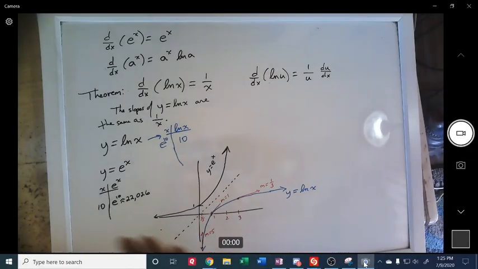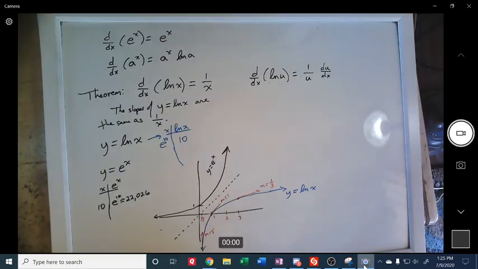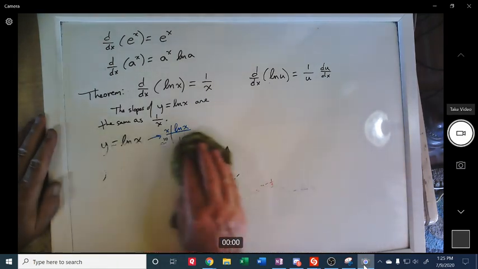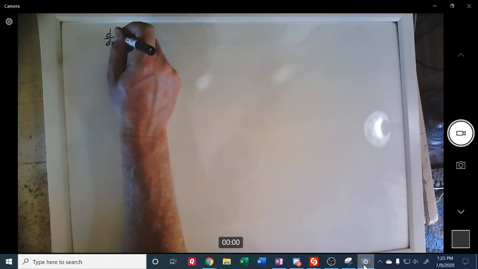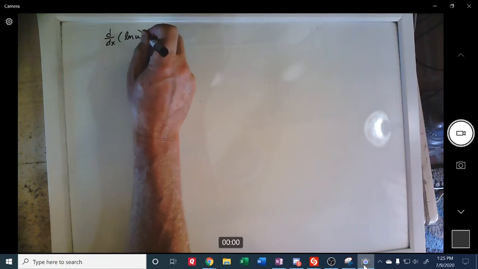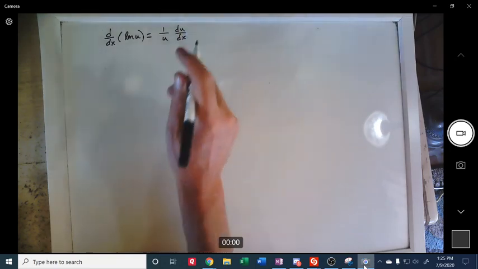So print out the screen. So the only rule of those two that you really need to know is the more complicated one. d dx of ln u is 1 over u du dx.